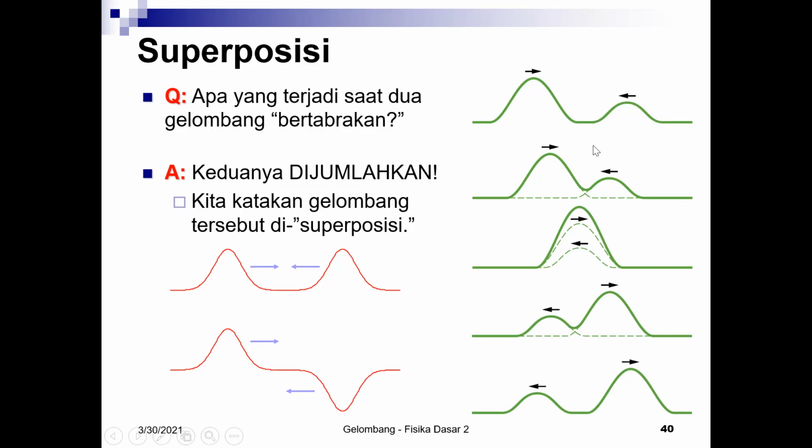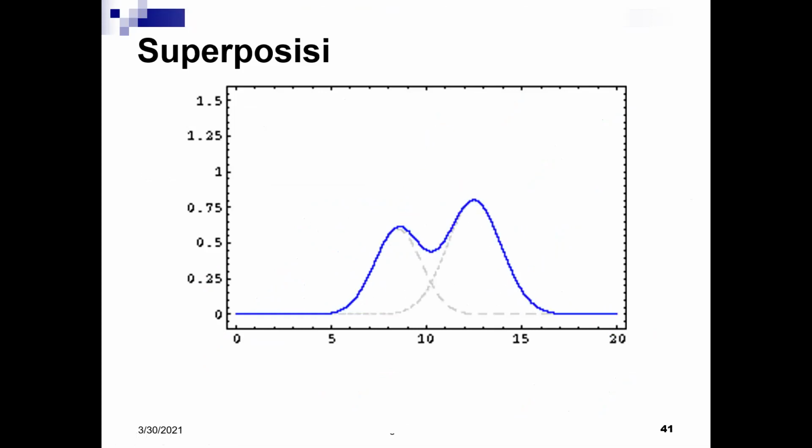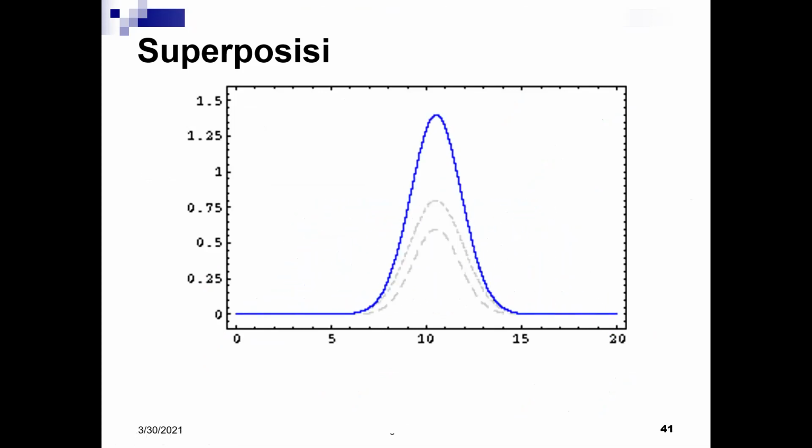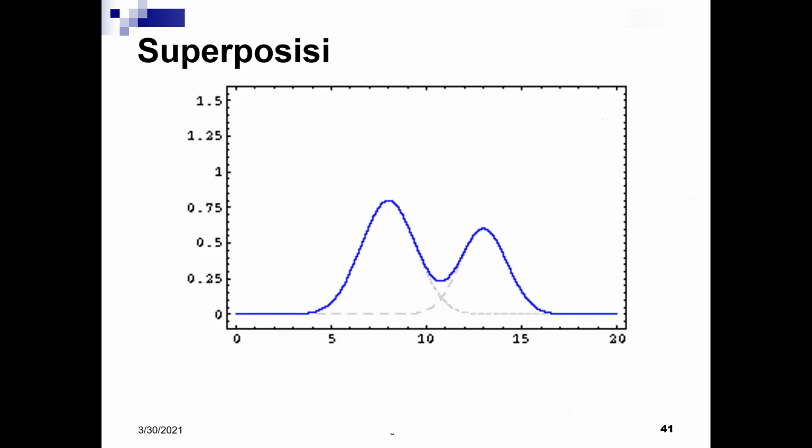If these two waves coincide, the amplitude is the summation of these two waves. And then after that, they will spread again, and this also spreads. And this is the simulation of two waves.